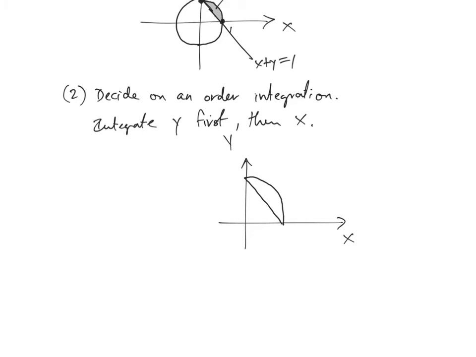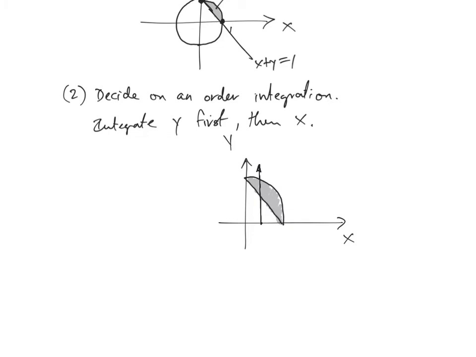Okay, so we're going to integrate with respect to y. So that means I'm going to fix x at some value, and I'm going to integrate in the y direction. So to represent that, I'm going to choose some value of x here, and I'm going to integrate in the y direction. I'm going to draw a straight line, an arrow, going through my region of integration to represent that I'm holding x fixed and I'm integrating in the y direction.